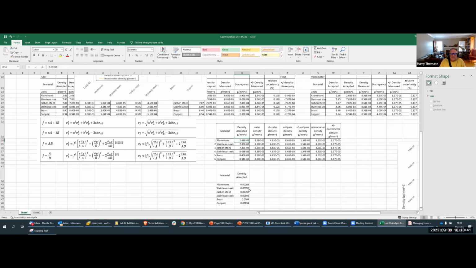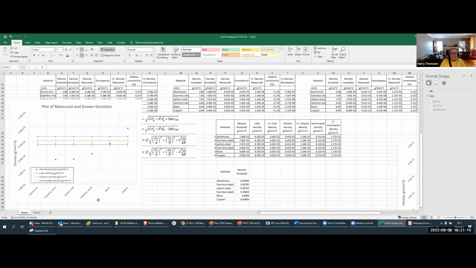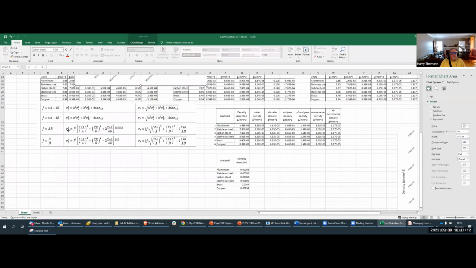Okay. So there you notice that we've been using scientific notation, so I formatted it. All right, so let's go on. So you notice now I have the ruler, the plus minus ruler density, the caliper's density, et cetera, et cetera. Now, here is the little trick, and you're getting to learn more about the power of spreadsheets.